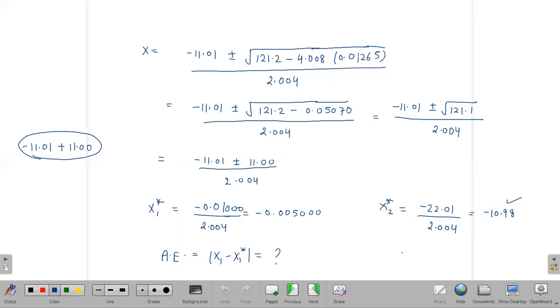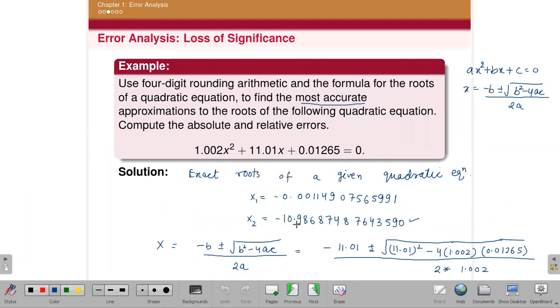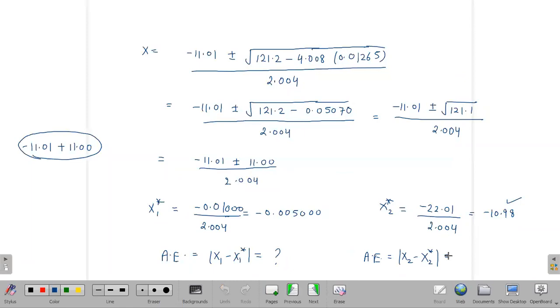So here also, if I find absolute error, x2 minus x2 star, it means you have to find the exact value and this difference. This also you have to find out, and relative error also you will find out.